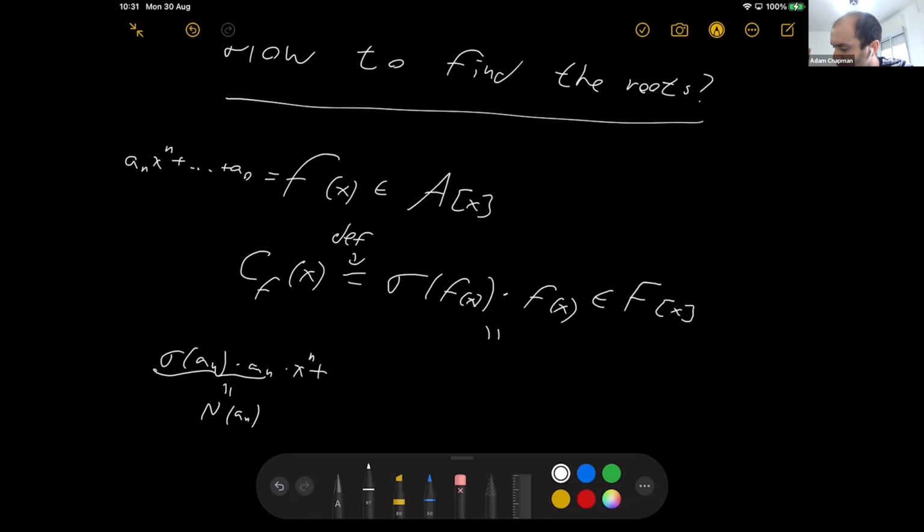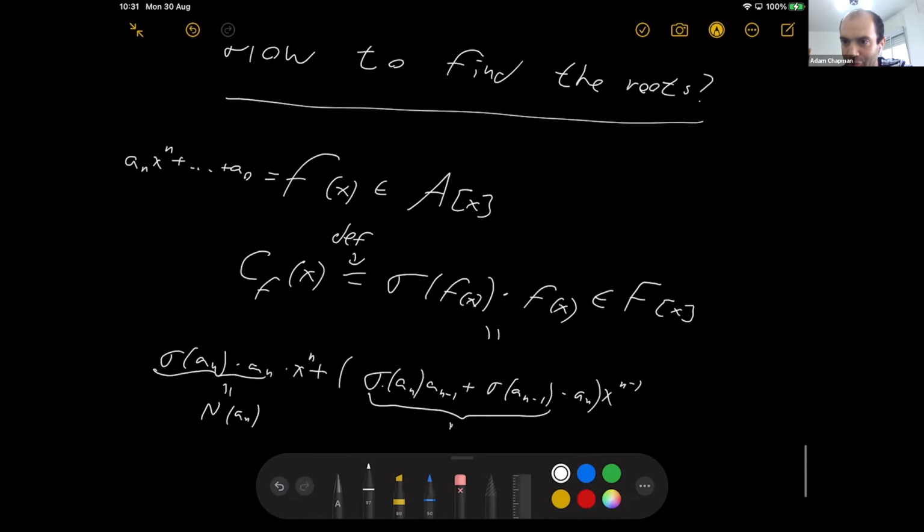Then the next coefficient would be sigma a_n times a_(n-1) plus sigma a_(n-1) times a_n, and that's the trace.